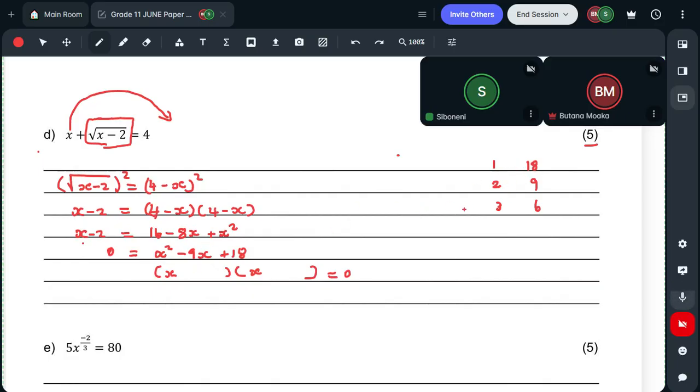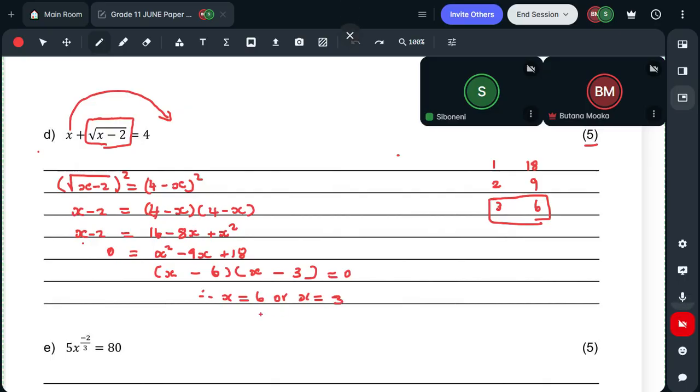When I add them, they give me what? A 9. These are the factors that I'm looking for: the 3 and the 6. So I need to decide. Since it's positive 18, both of them should be negative. To get positive 18, both of these factors should be what? Negative. Therefore, you can say your x is 6, or the value of x will be 3.